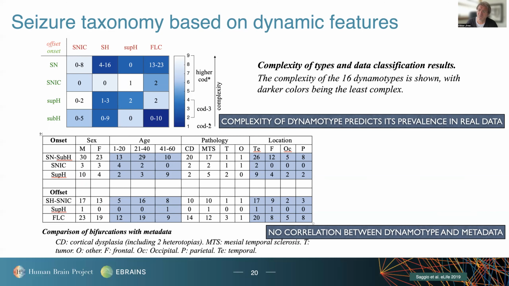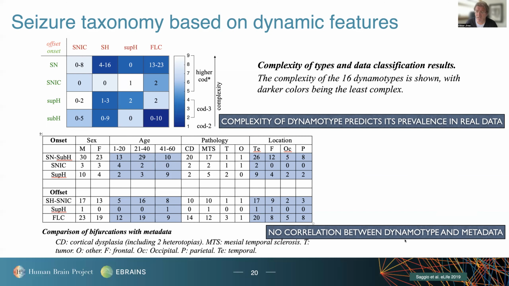And the more parameters you need to tweak, the less likely it is to be robust against perturbations, etc. So you can predict, in this taxonomy of 16 classes, the most robust and prominent dynamotypes to be found, and this is nicely validated by what has come out of the classification in the individual seizures empirically.